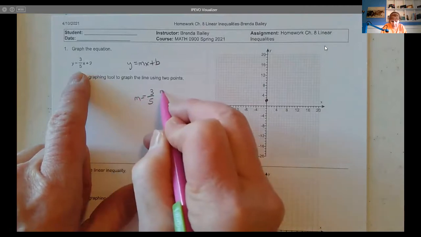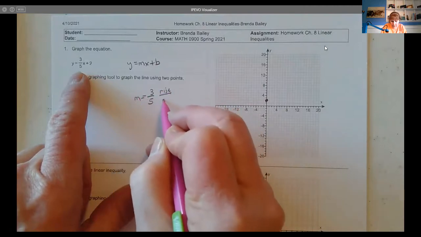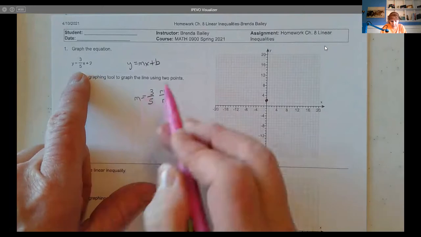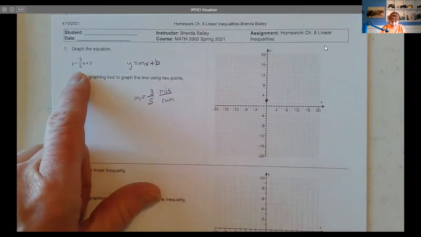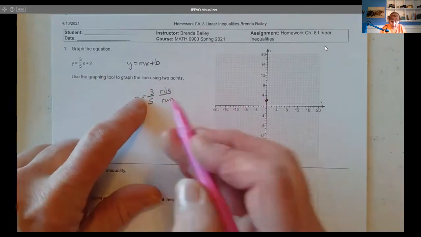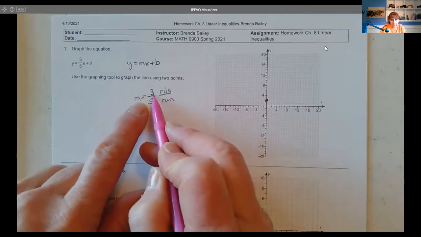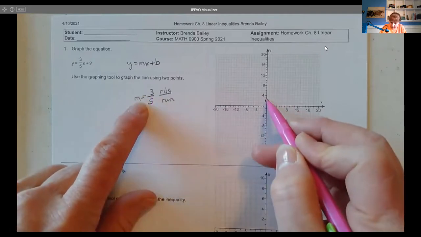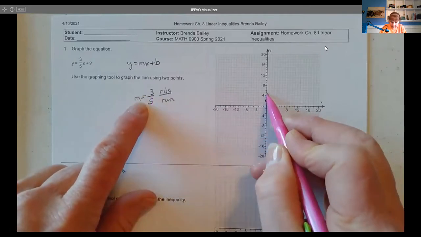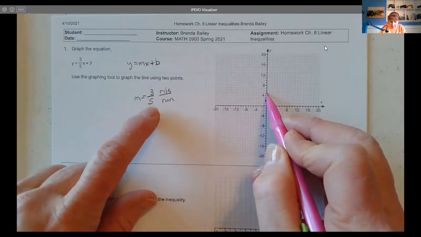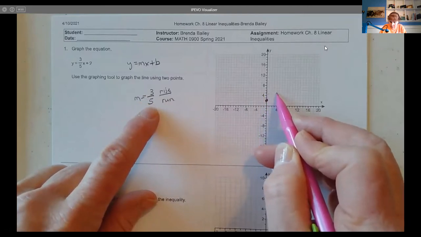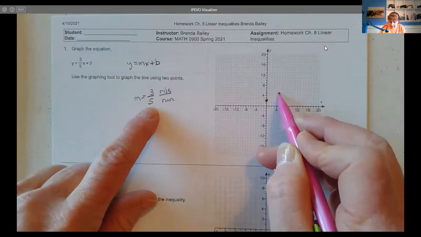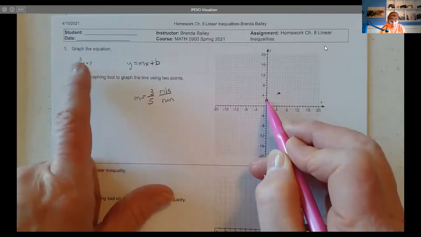And again, it's the rise over the run. Given points, you subtract the y's over the difference in the x's, or you can count blocks. So our rise is a +3, so we'll go up 3, 1, 2, 3, and to the right 5, 1, 2, 3, 4, 5, from our 2.